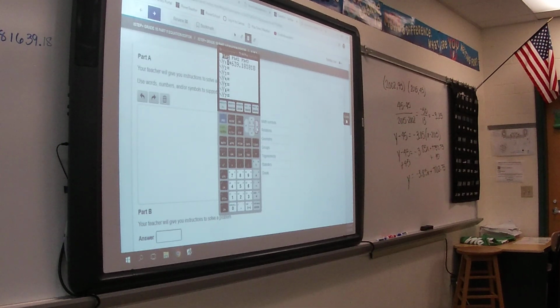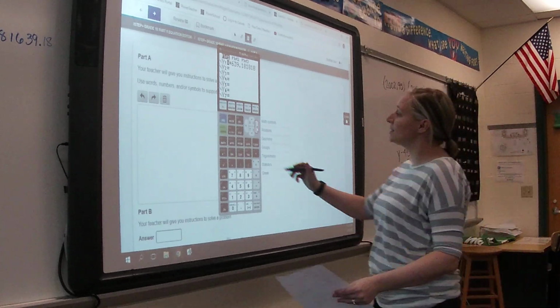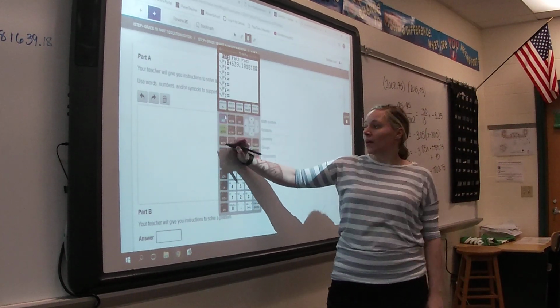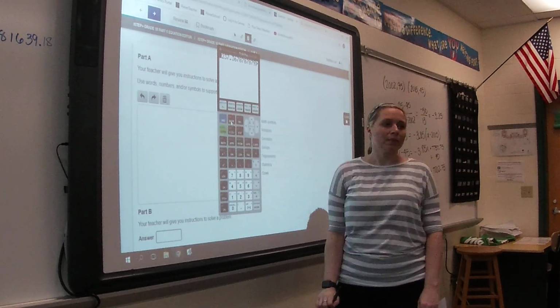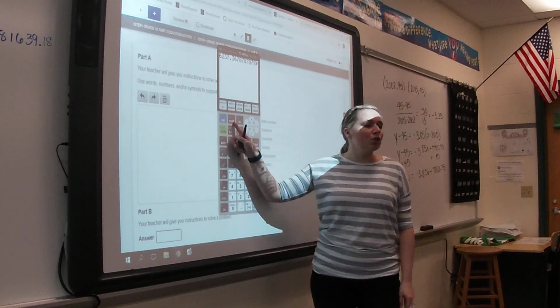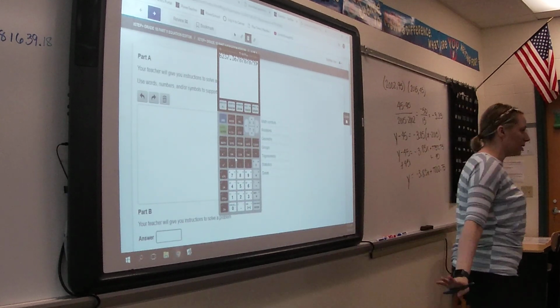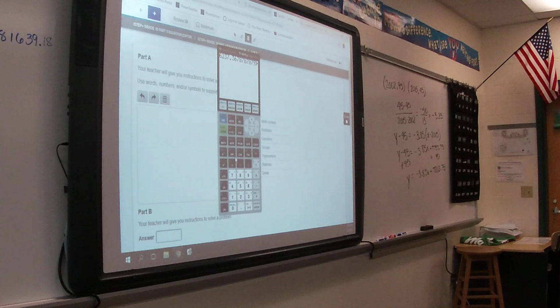Step 17 says press second, then mode. Class, this is your get me out of here button. If you get in a weird place and you don't know what this is doing, my screen looks weird, you're going to press second and then mode and start over. Go back to where you were.